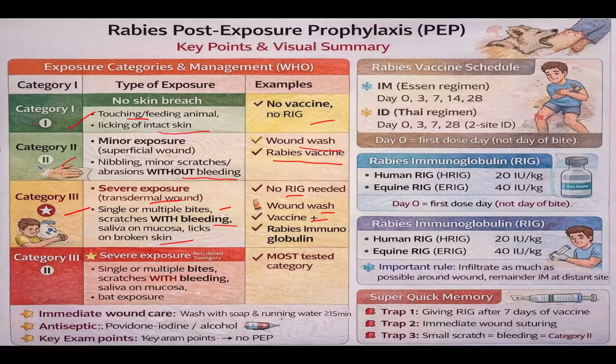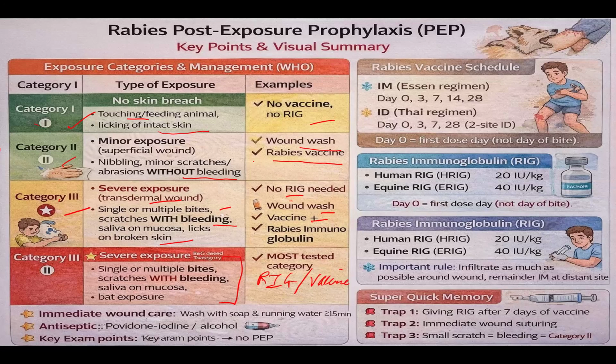Any stray dog biting the patient very badly, with scratches, bleeding, bites, everything. Here rabies immunoglobulin is needed, even your vaccine is needed, and wound wash is needed. So all the things you will be giving in category 3.